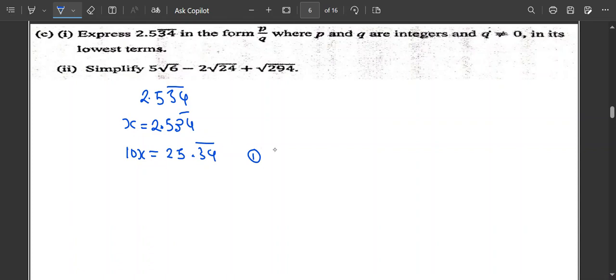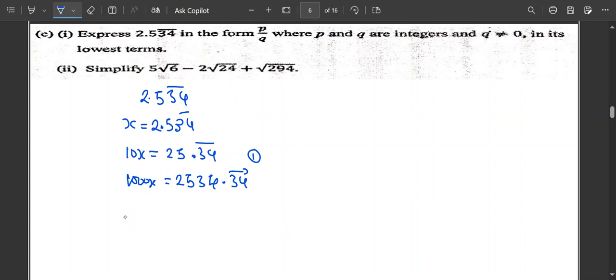So I'll remain with the other bars, I'll want this at least to come this side. So you multiply by 100. If I multiply 1 by 100, that will be now 1000x is equal to 25, which will remain there, then we'll bring the 34 there, point again 34 because it was in the bar.